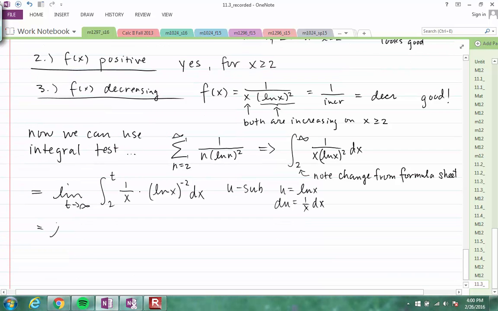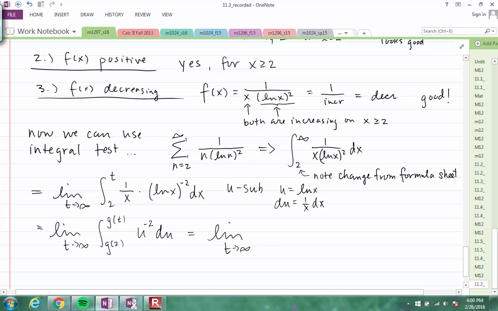So doing that, carrying along my limit notation, we're going to have the integral of u to the negative 2 du. That really reduced to something pretty easy.